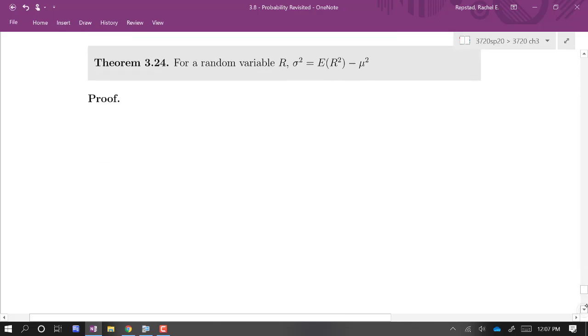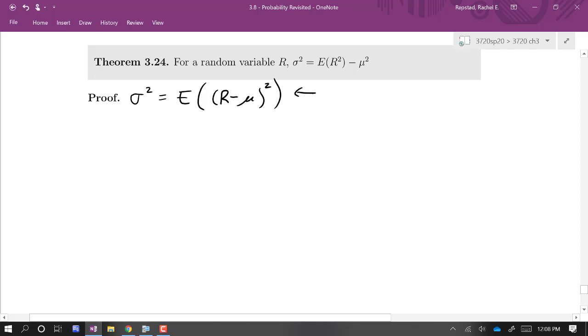All right, so we're going to prove this result. For a random variable R, the variance, sigma squared, is equal to the expected value of R squared minus mu squared. So we're going to start with the definition, right? We already know from the definition on the previous page that sigma squared is the expected value of (R minus mu) squared.